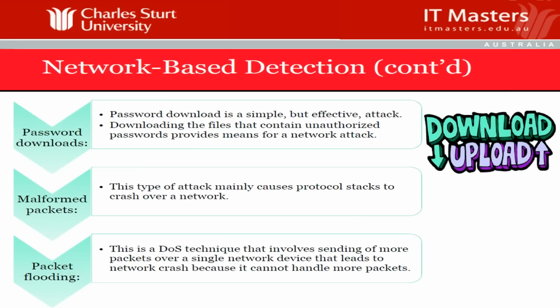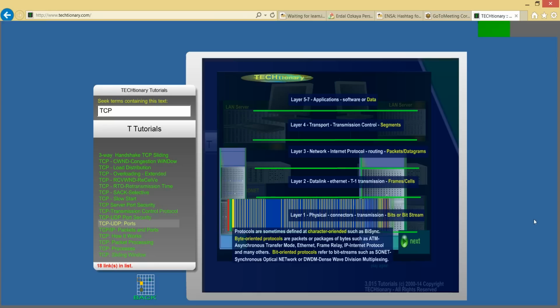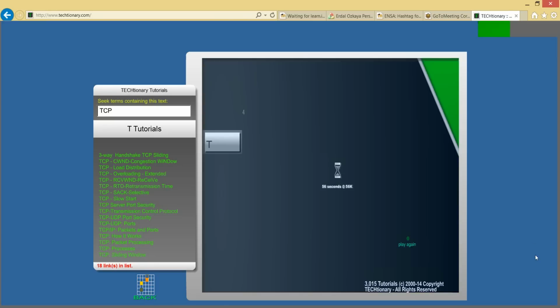There is an attack method very similar to this, which we call a SYN attack. What is SYN? I'm pretty sure you all know what a three-way handshake protocol is. If you don't, please go to the dictionary and read and learn about it.